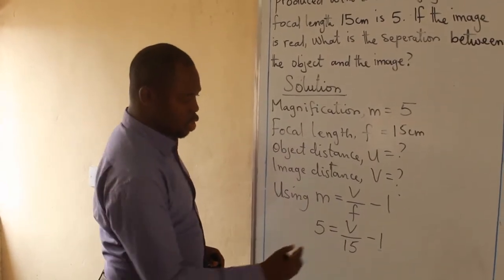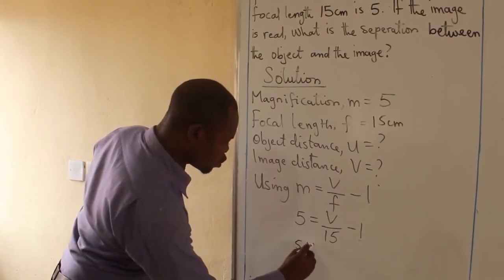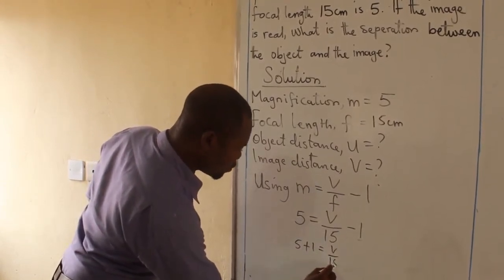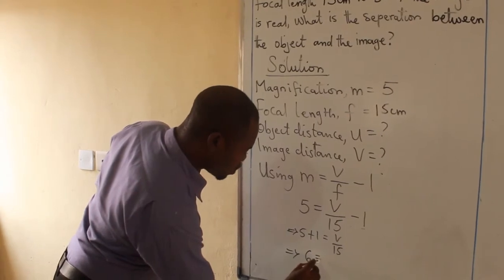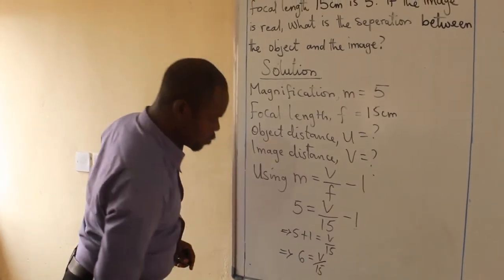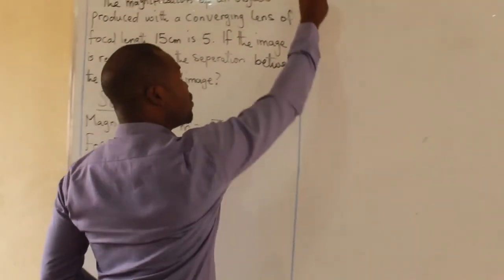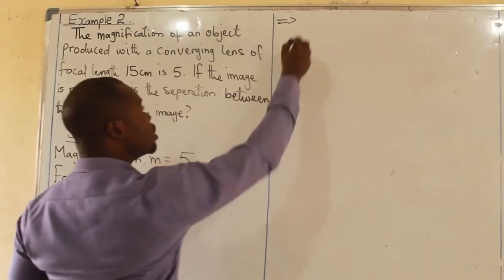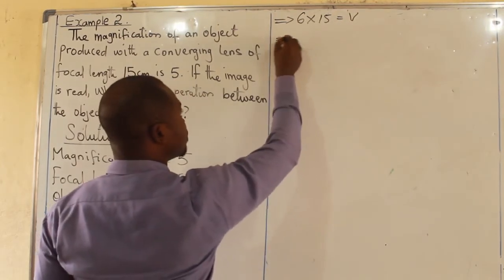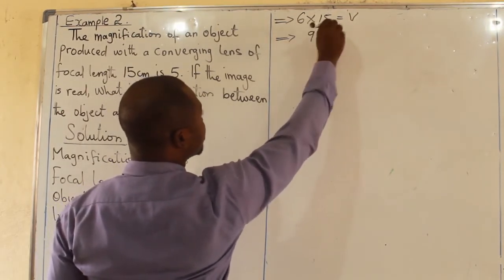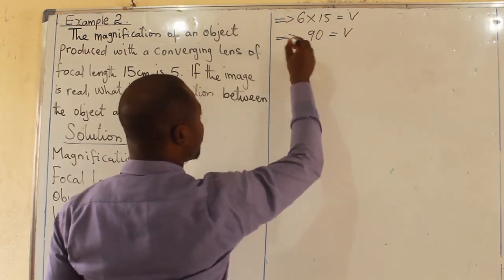From here, you can bring minus 1 to the left hand side. So 5 plus 1 equals V over 15. So we have 6 equals V over 15. If you cross multiply, you have 6 times 15 equals V. So this will give you 90 equals V.